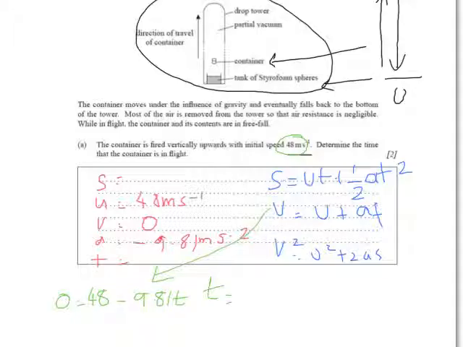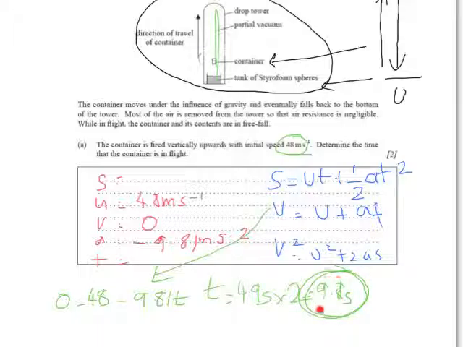So our t would be 4.9 seconds, but of course we'd multiply that by 2 because it rises to the top and then falls down again to give us 9.8 seconds. And if you have a look at the mark scheme, that's clearly laid out for you. So the answer is 9.8 seconds. Please remember significant figures now and units.